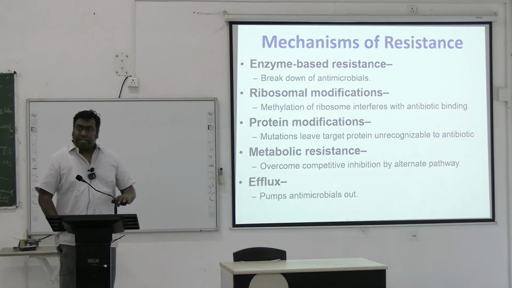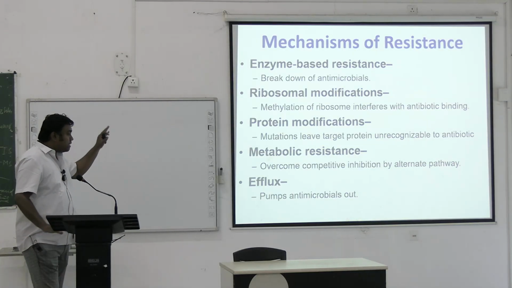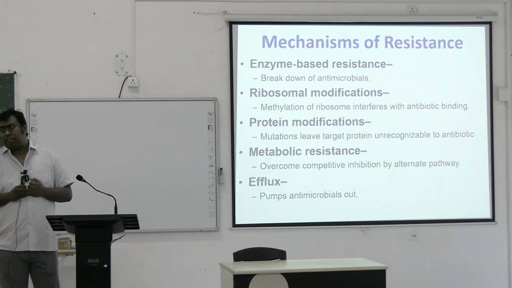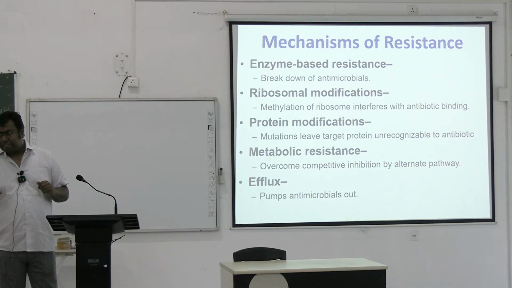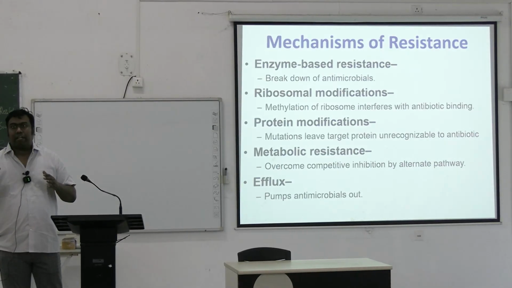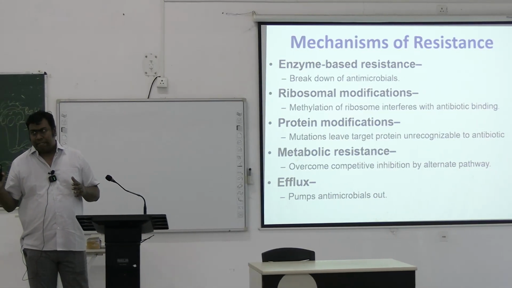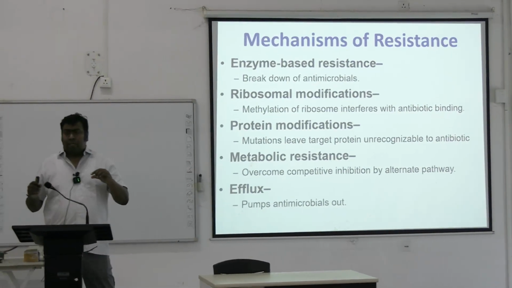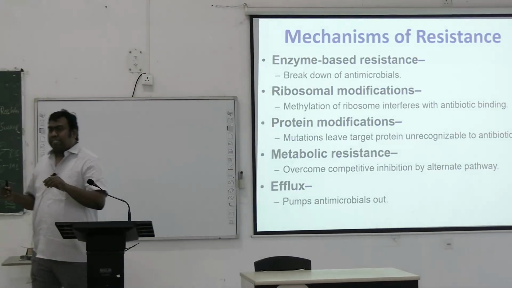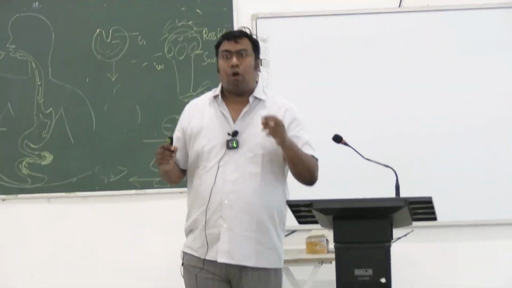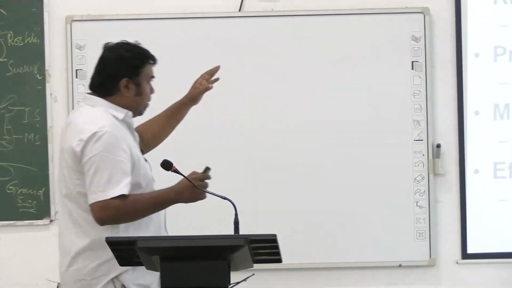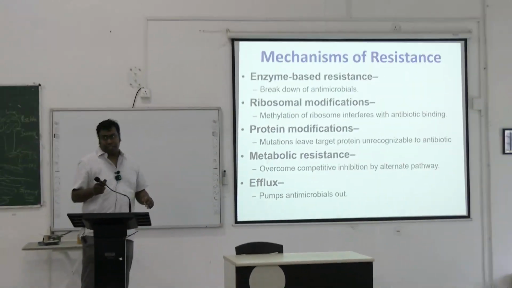This is the mechanism of resistance. Now, how does this resistance develop? There may be an enzyme that can destroy the antibiotic itself. Penicillinase, beta-lactamase, they chemically break down the beta-lactam antibiotic. Similarly, ribosome modification: the previously sensitive ribosome is not sensitive anymore. Ribosome modification, protein modification, mutation of target protein.